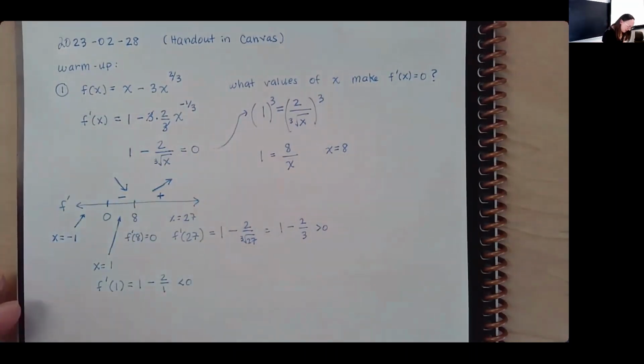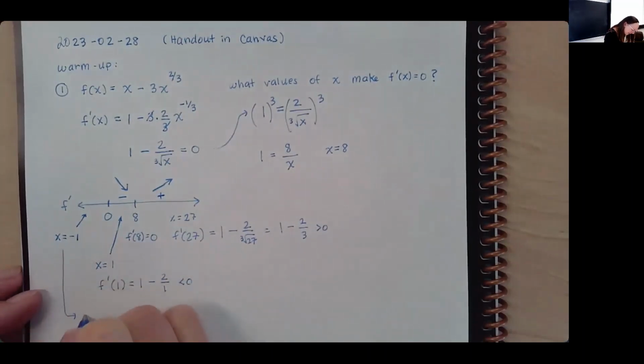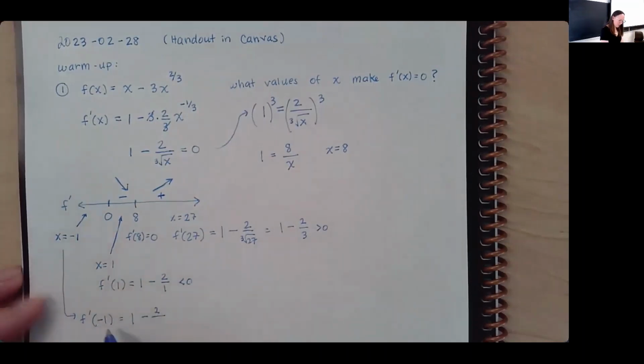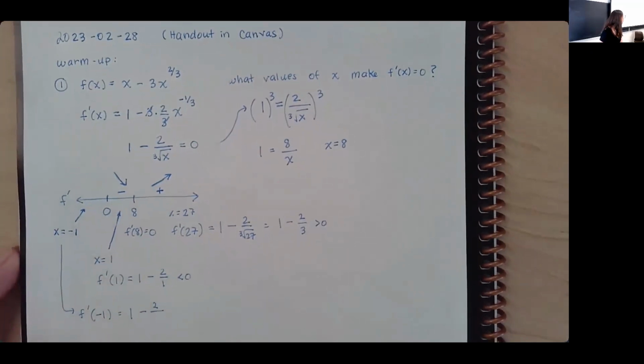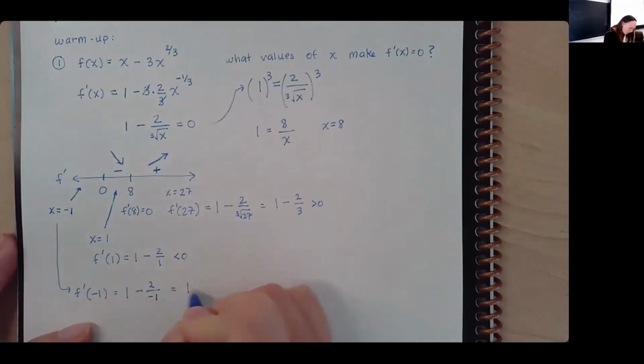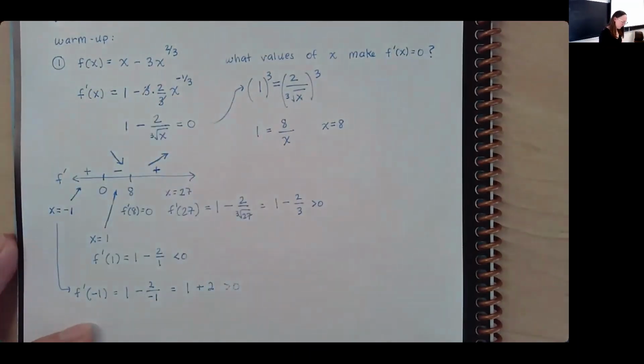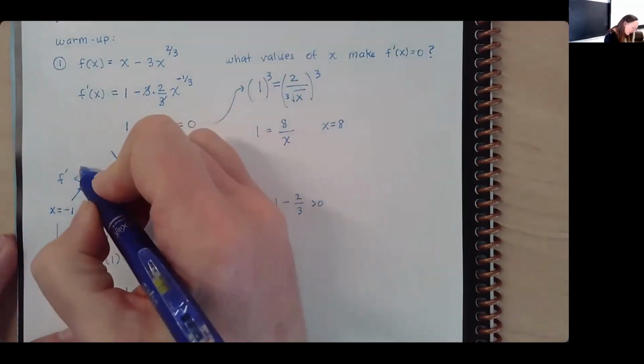I did not leave myself a ton of room here, but if I look at f prime of -1, that's 1 minus 2 over the cube root of -1, which is -1. So that's the same as 1 plus 2, which means I am positive. So my graph was going up.